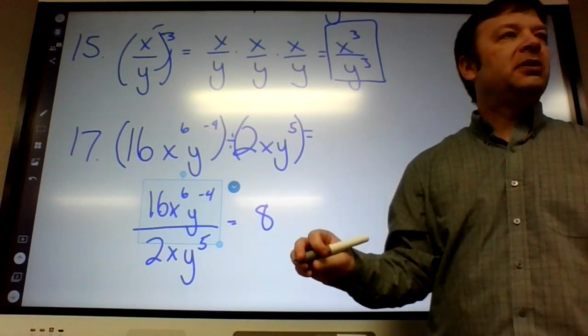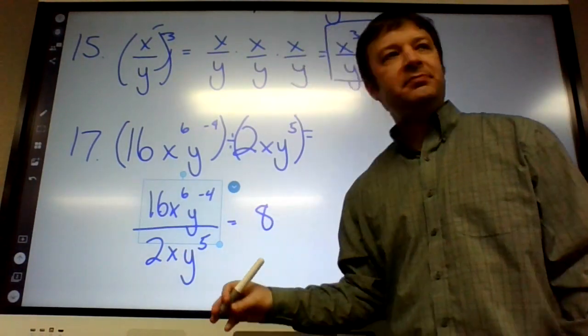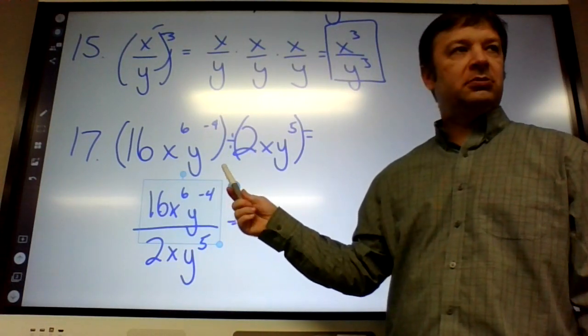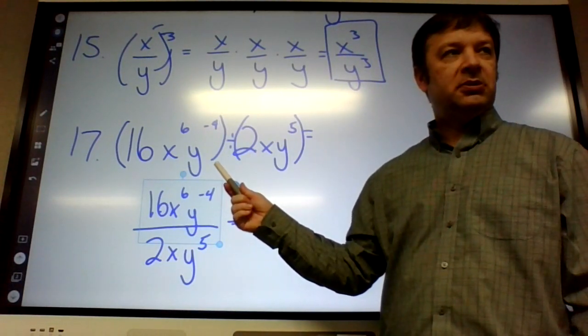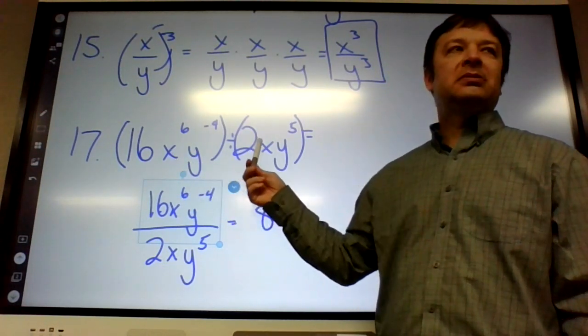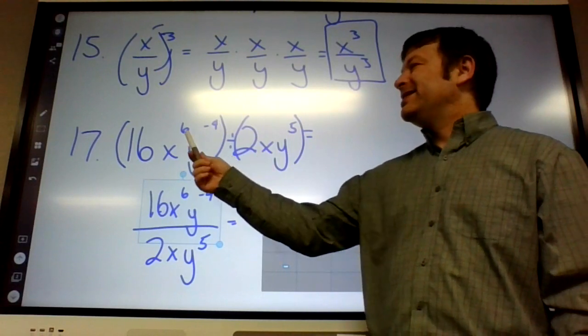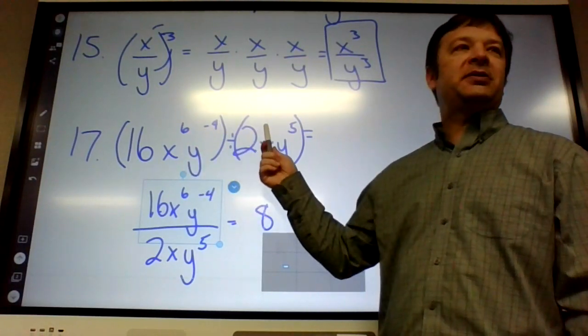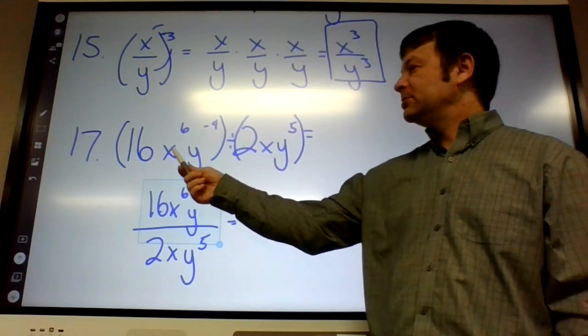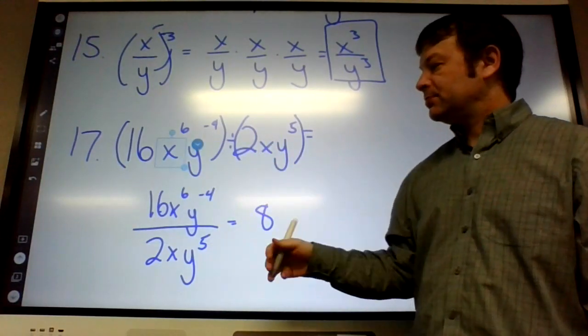Oh, whose turn again? Josiah? Where is your paper? You should be following along with us. Okay, Josiah, do you know what this would be right here? No. All right. X to the 6 divided by x. Corbin, how about the x's?